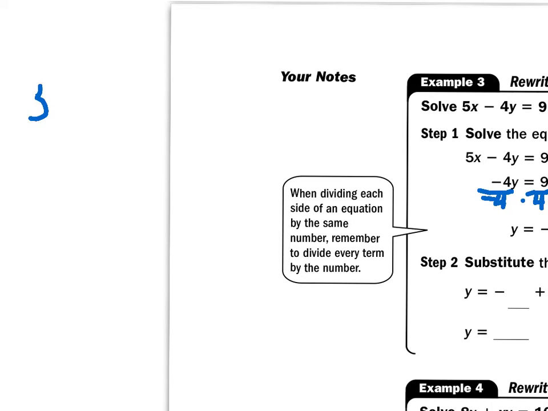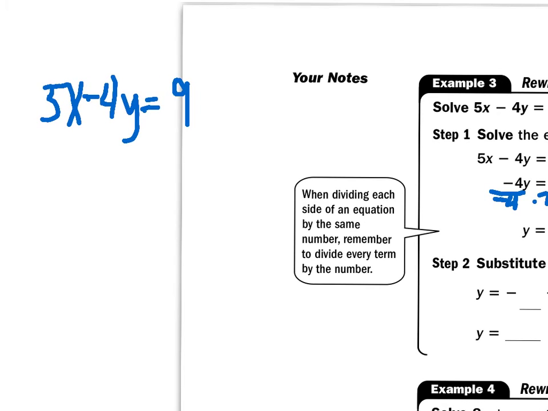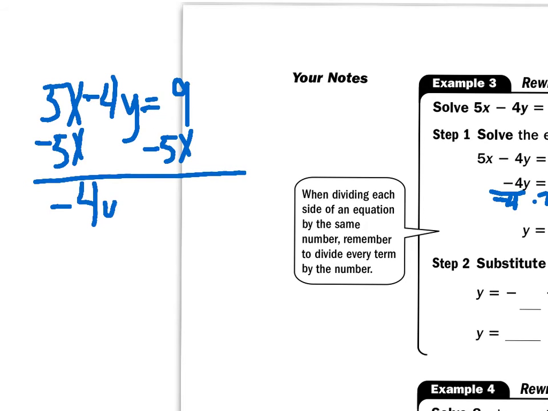So 5x minus 4y equals 9. Okay, once more, I'm going to subtract off my 5x from both sides. That leaves me with -4y equals.